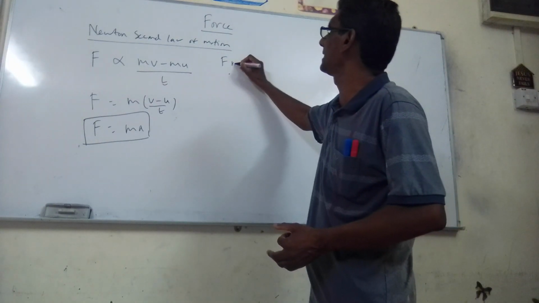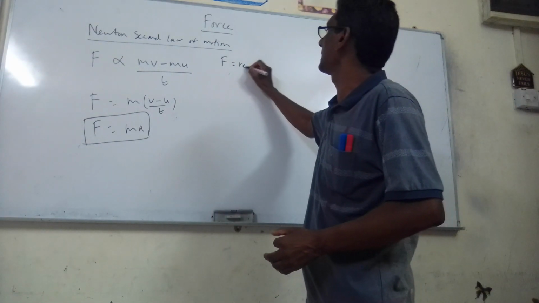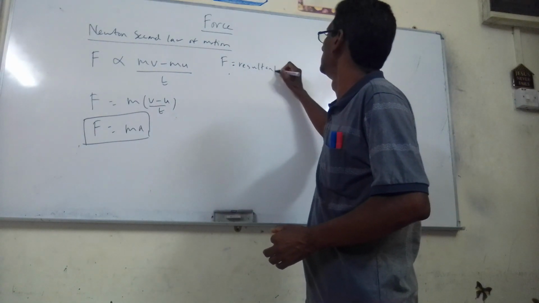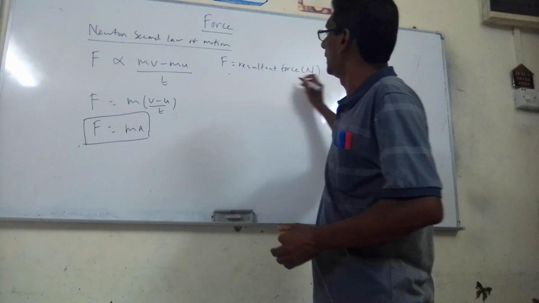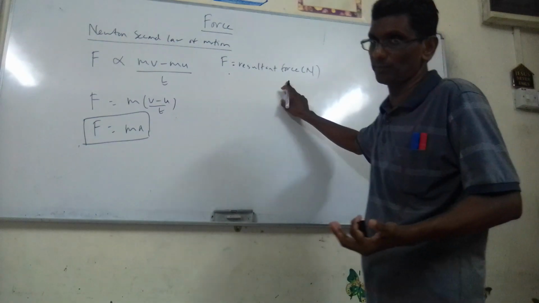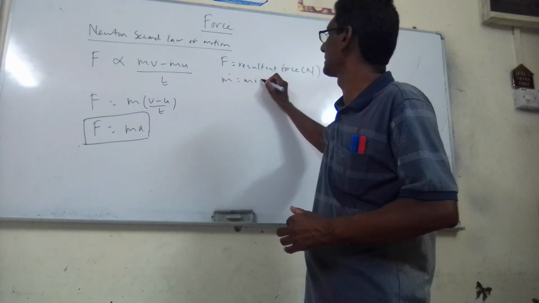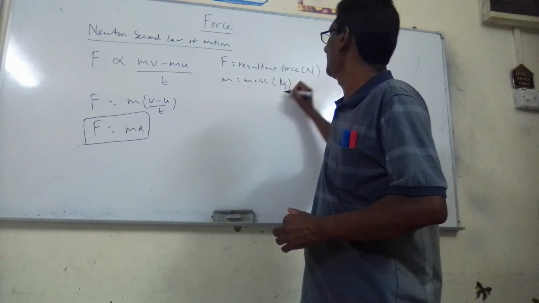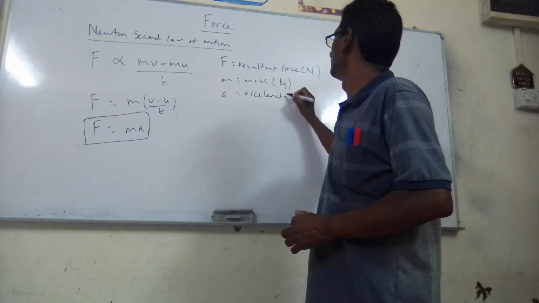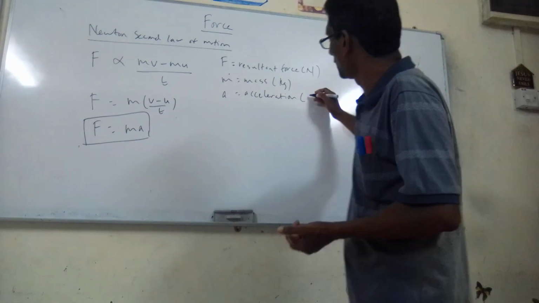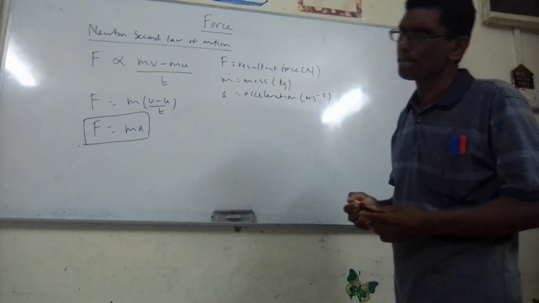The F we call resultant force, the combined force, and the unit is Newton. m equals mass, the unit is kg. a equals acceleration, and the unit is meter per second square.